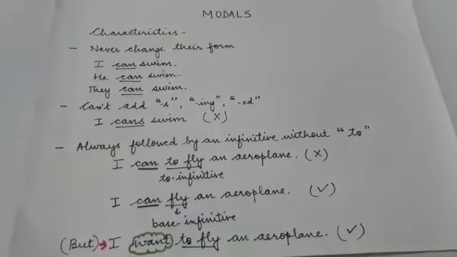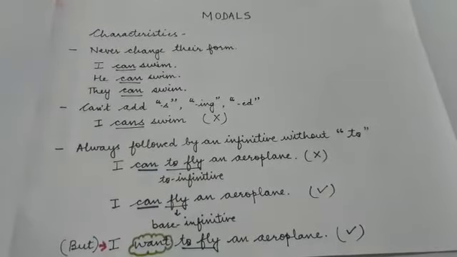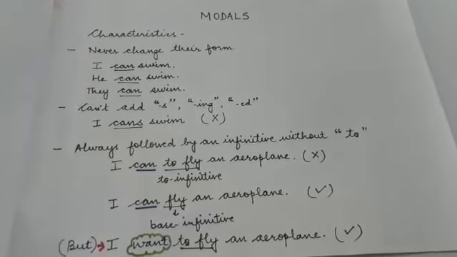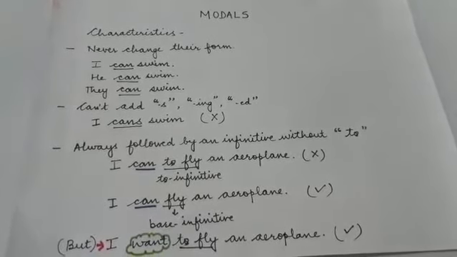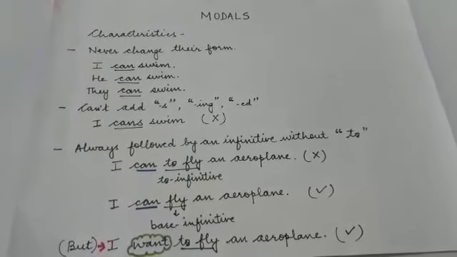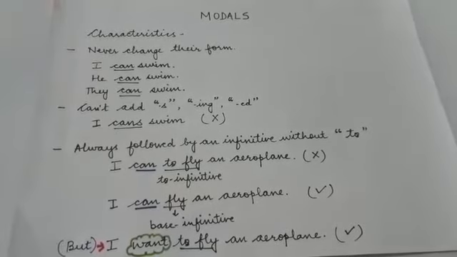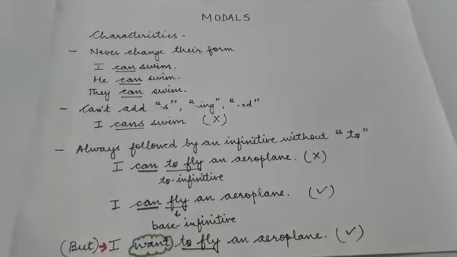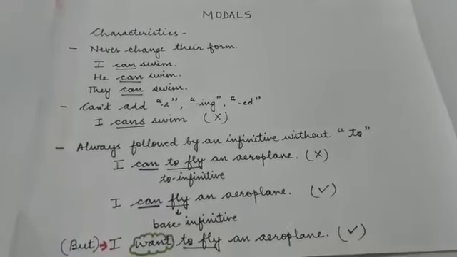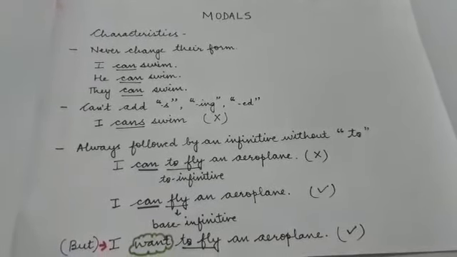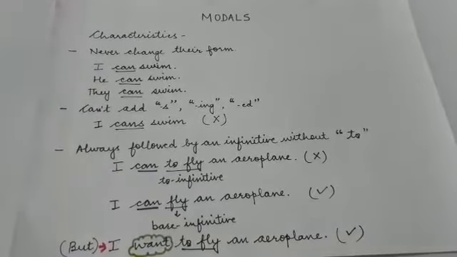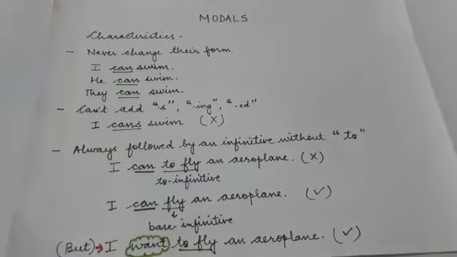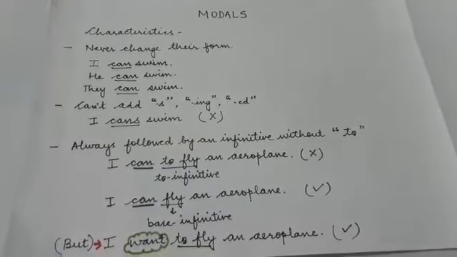So the characteristic of the modal is it is always followed by an infinitive without to. So when we use an infinitive without to, it is known as bare infinitive. So in the second sentence, fly is a bare infinitive. Bare means without. So this infinitive is without to. So when we are using a modal, we cannot use to with a verb. We have to use a bare infinitive.